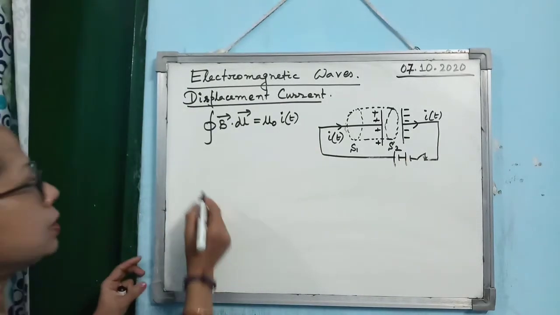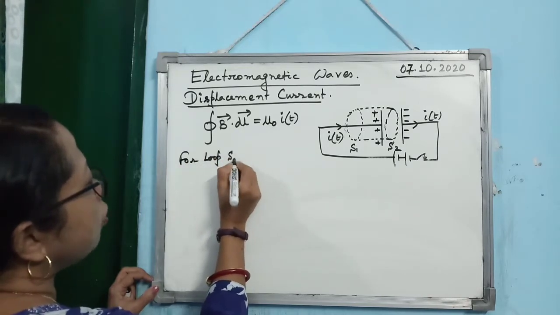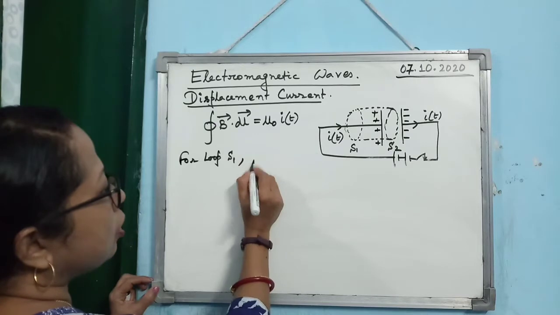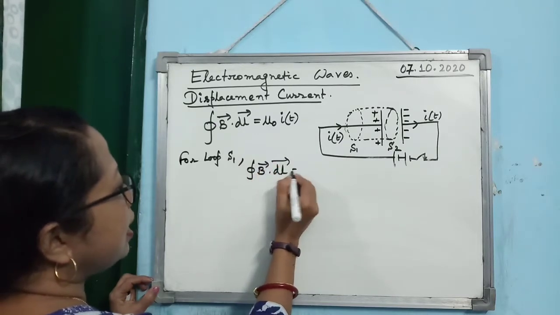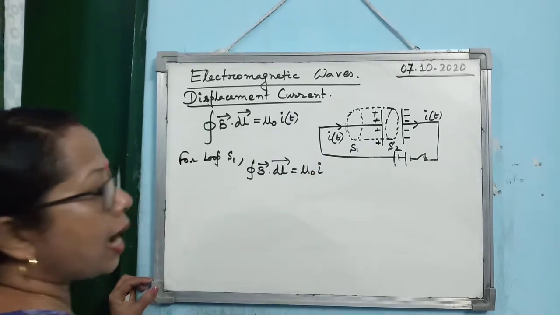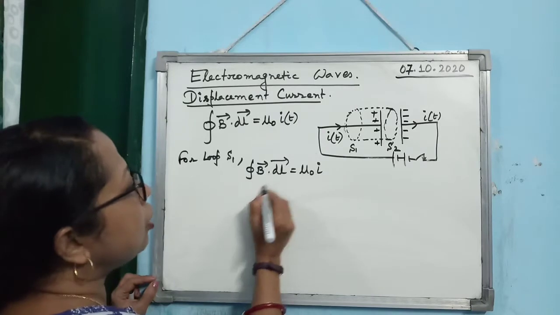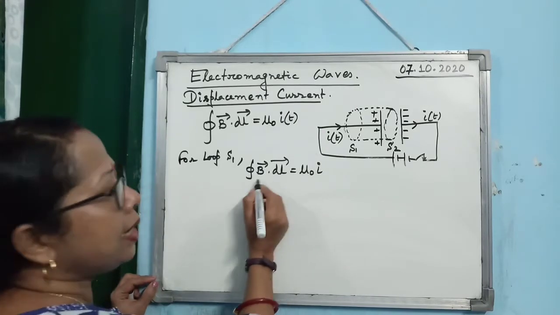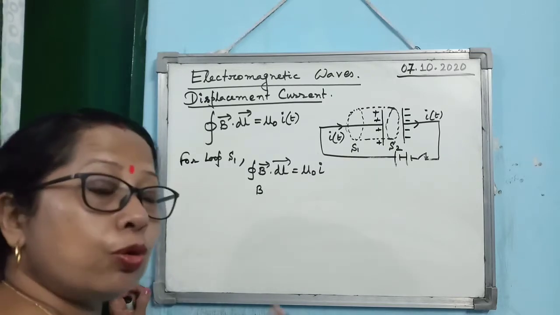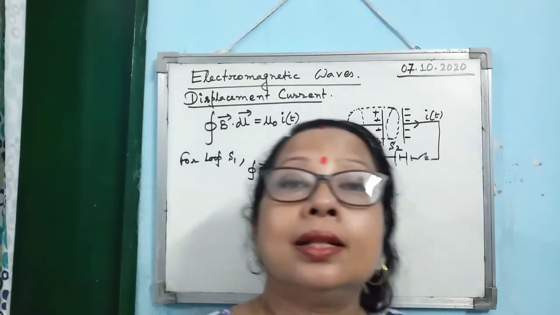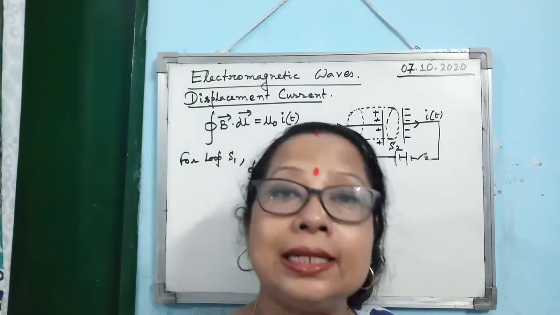Now you see, for the loop S1, if you apply Ampere's circuital law, what can you write? Integration B dot dl is equal to mu 0 I, where I is a function of time t. When we apply Ampere's circuital law, we choose the loop in such a manner that the magnitude of the magnetic field remains constant through the entire loop.